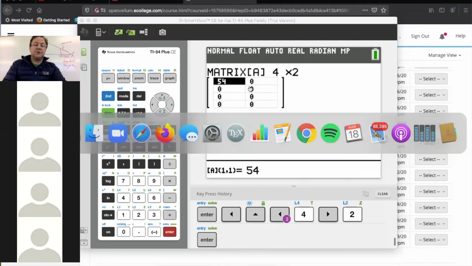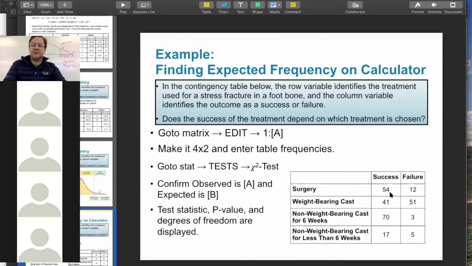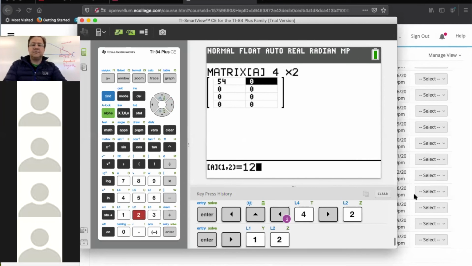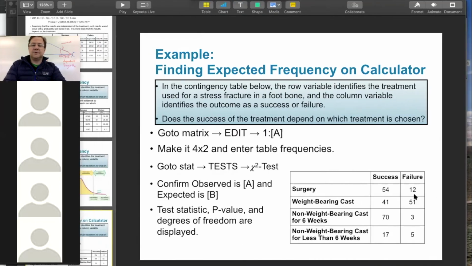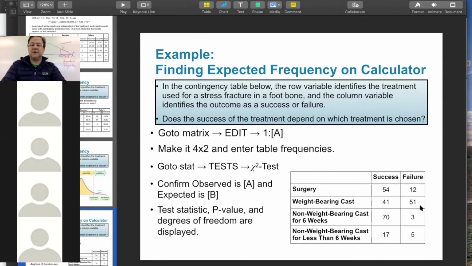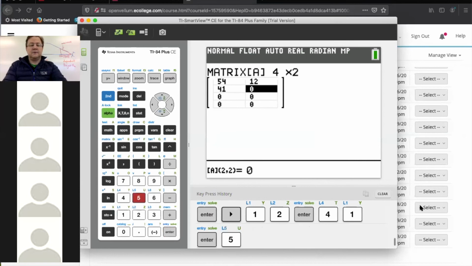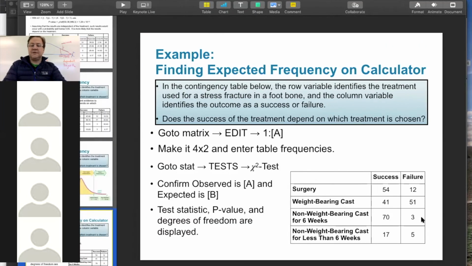What you're going to do now is transcribe each of these numbers into the matrix, just the way you see it. So 54 here, I'm going to put a 12 next to it. Next one's going to be a 41 and a 51. 70 and 3.